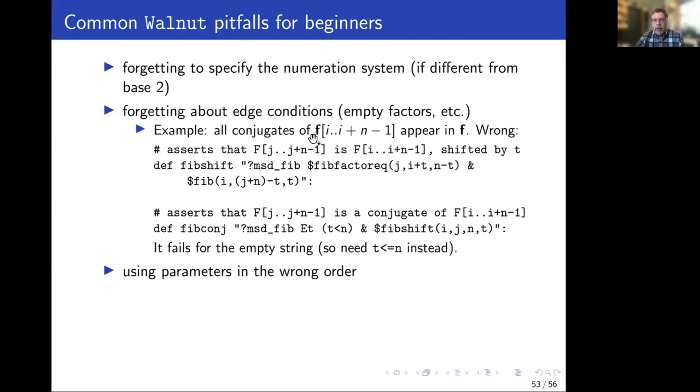So for example, all conjugates of F of length n beginning at position i appear in F. You might write this down as some factor that's shifted.